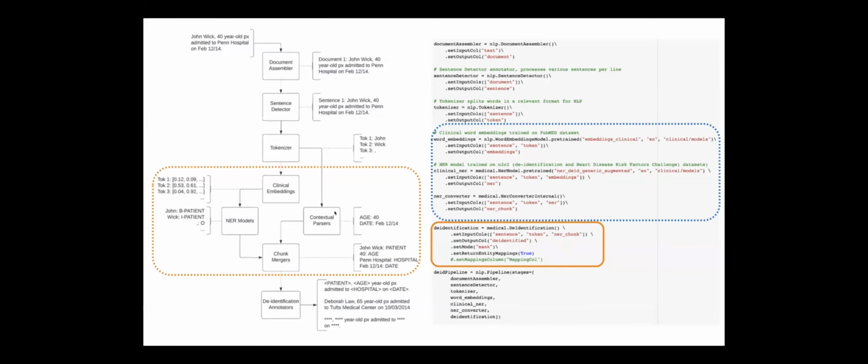Then we have a contextual parser. As I said before, contextual parser is a regex on steroids. You can write very complex regex patterns by using prefixes and suffixes and the length of the scope, etc., so that if you know the type of the document visually, or if you have some domain knowledge, you can reflect your domain knowledge into the model.